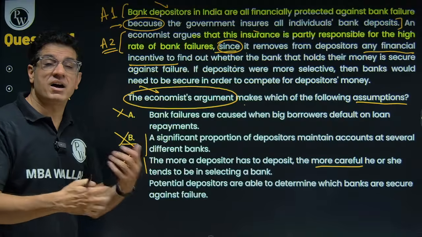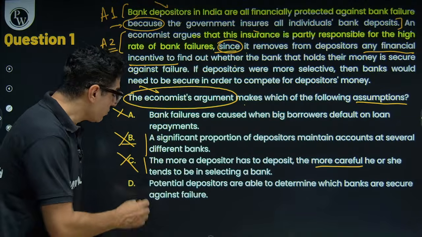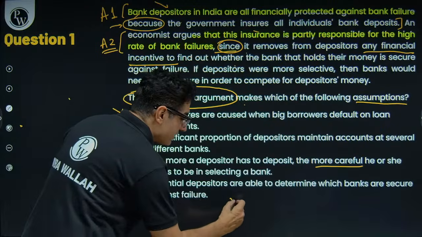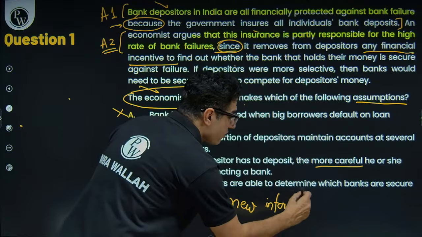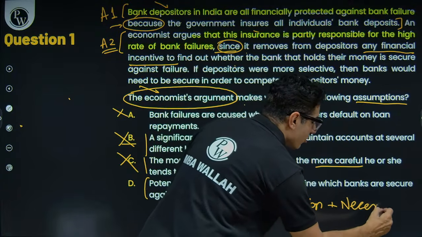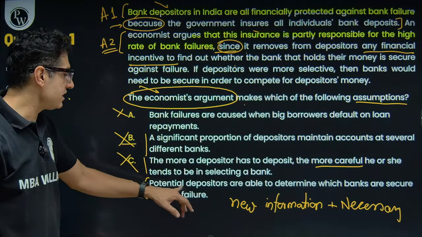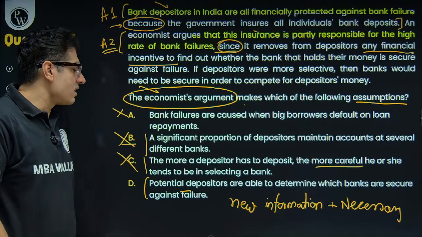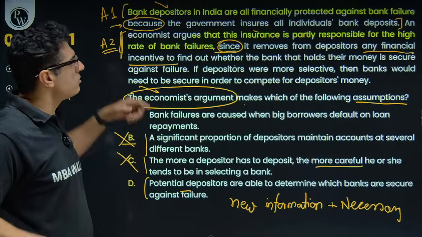And when we are not very sure, how do we figure out whether an answer is an assumption or not? We negate that answer. Remember, an assumption presents a new piece of information which is necessary in order to arrive at the conclusion. If I negate this, if I say that potential depositors cannot determine whether a bank is secure against failure or not, then the Economist's argument falls apart.